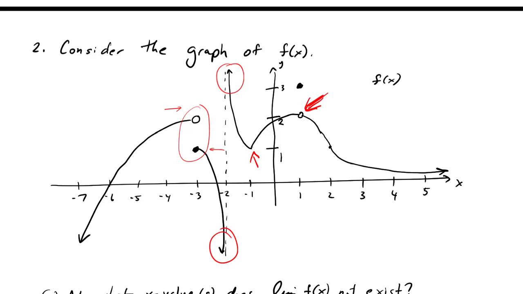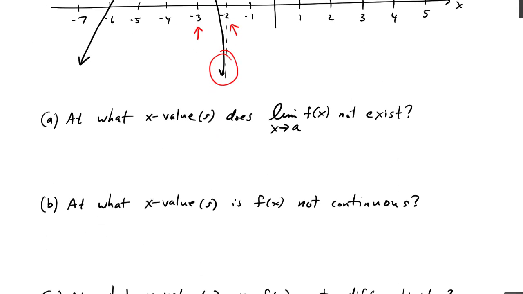So it looks like we are saying that the limit does not exist at -3 and at -2. So we'll put those in. And let me just clear the graph to get rid of some of that notation.